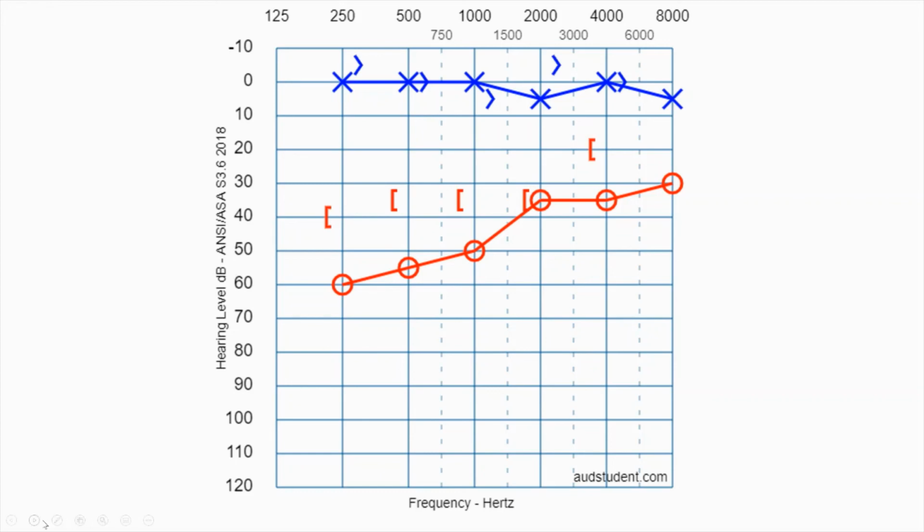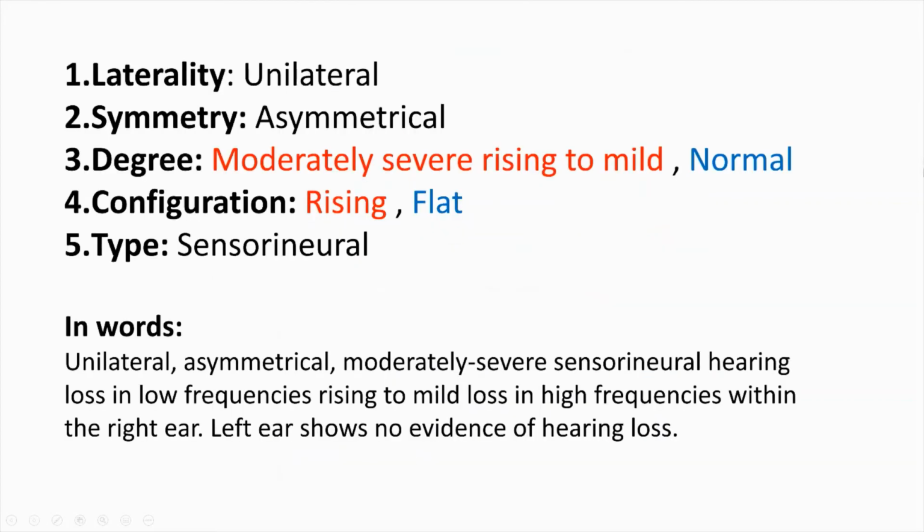So again, for this last audiogram, our laterality is unilateral, our symmetry is asymmetrical, degree for our right ear is moderately severe, rising to mild. And of course, red for right and blue for left. Blue is normal. Our configuration is rising in the right ear and flat for the left, although you don't quite need to say that because normal hearing is flat anyways.